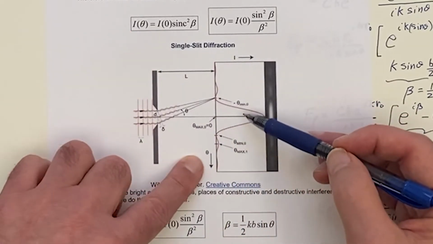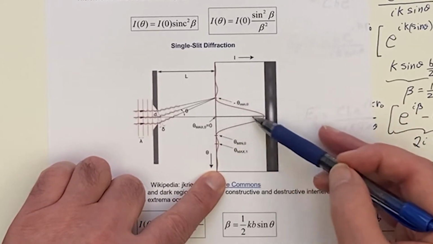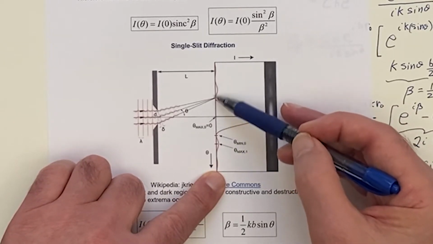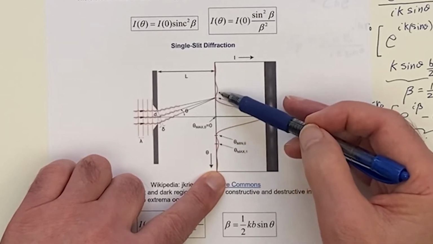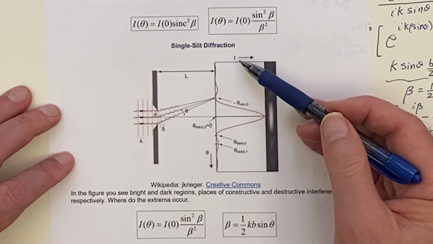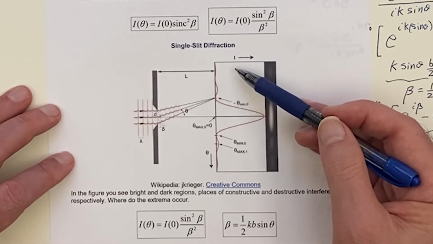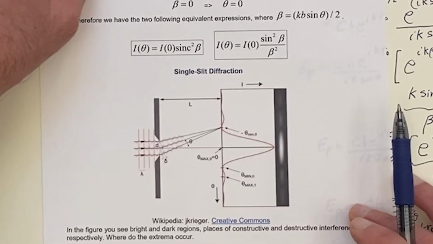And here is a plot showing the central brightness. And now look, you get max and min on either side from the calculation from first principles. So constructive and destructive interference. So let's look at where the minima may occur.